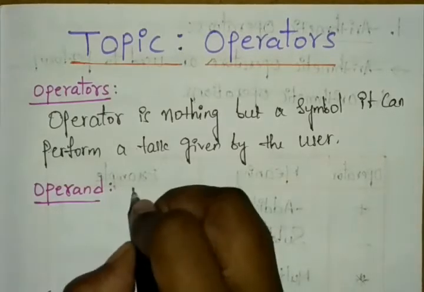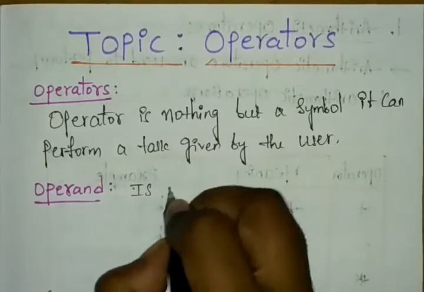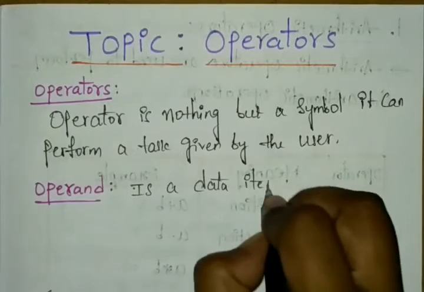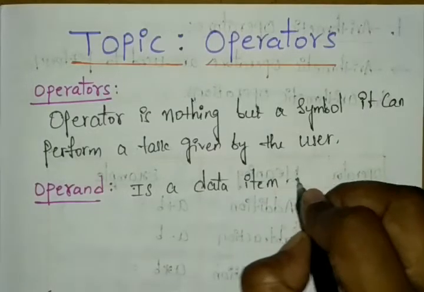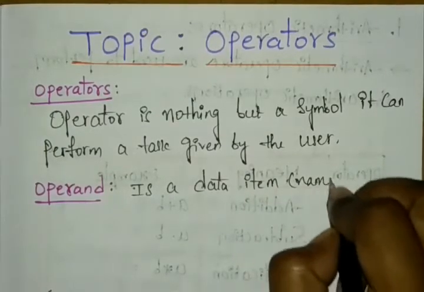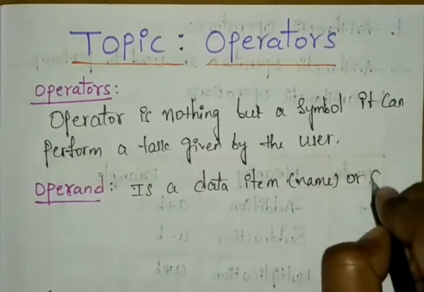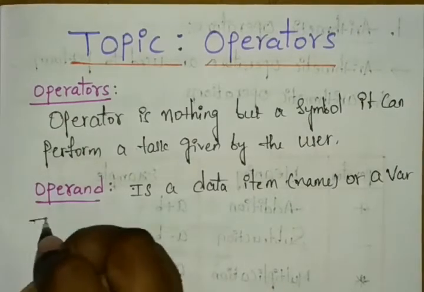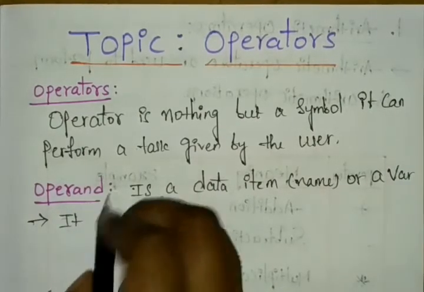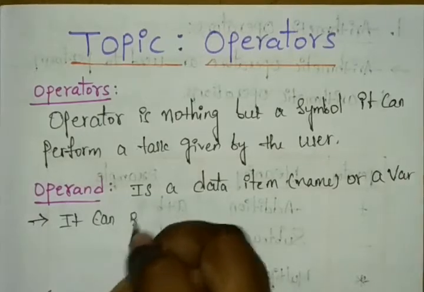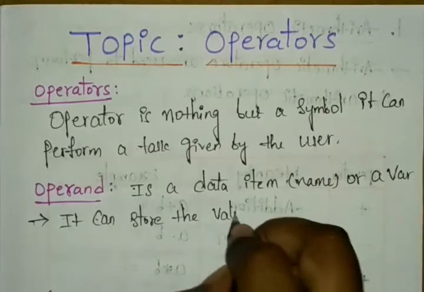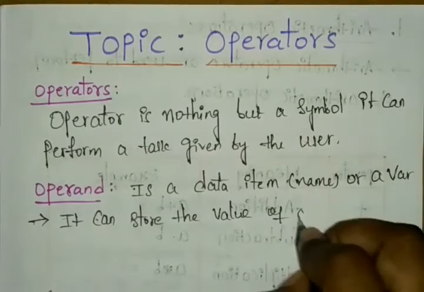An operand is a data item, a data name, or a variable, and it can store the value of data.